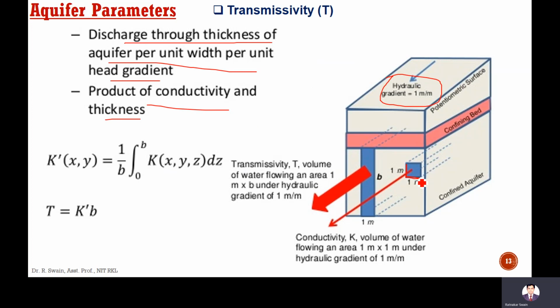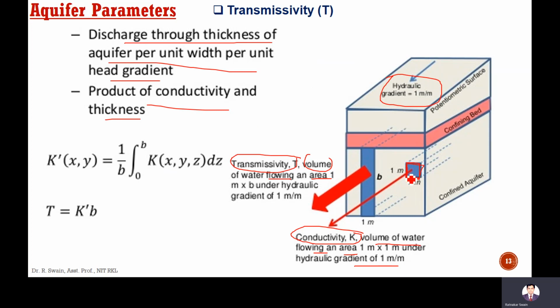The discharge flowing out of this 1 square meter area, for a unit hydraulic gradient of 1 meter per 1 meter, the volume of water flowing through this 1 meter by 1 meter area, is called hydraulic conductivity. Transmissivity means the volume, or discharge, of water flowing through an area of 1 meter by B under a hydraulic gradient of 1 meter per 1 meter.